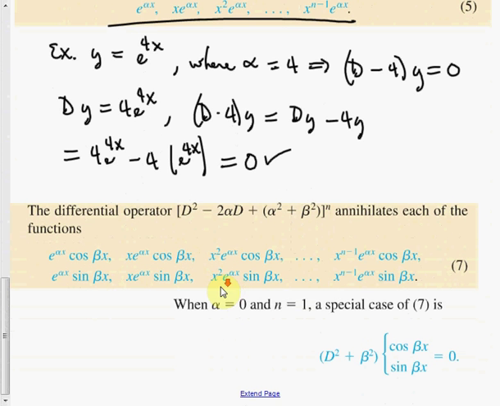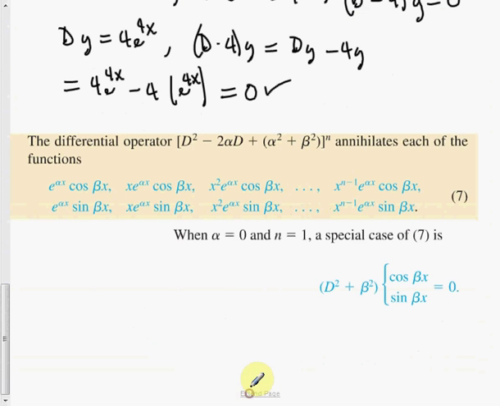But what I will have for you is if you have the case where it's just a cosine or a sine, and that's very straightforward. If it's cosine beta x, or if it's sine beta x, where beta is that number associated with x, whatever that number is, d squared plus beta squared is applied to that particular function.